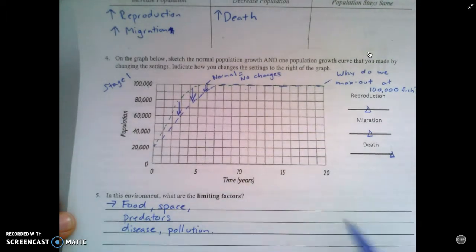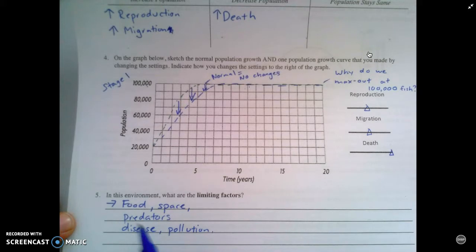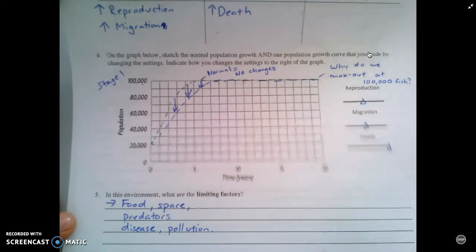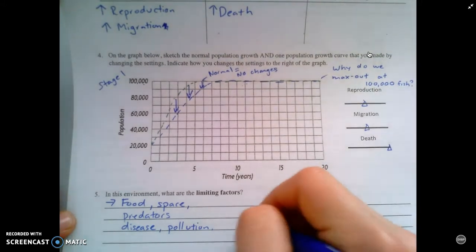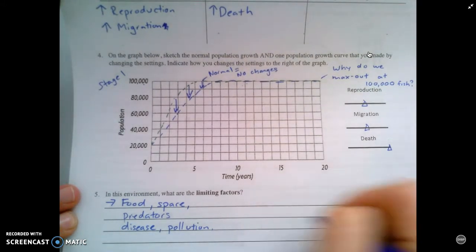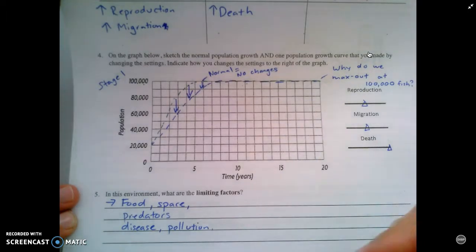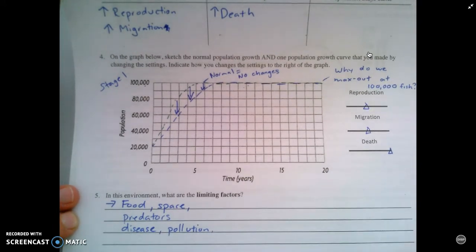We don't have an infinite amount of resources, so things have to compete. They've got to compete for food and space, and they have predators, diseases, and pollution, and they have to fight for mates. Because of these limited resources, our population cannot continue to grow forever, so it's going to hit a maximum of about 100,000 in this situation.